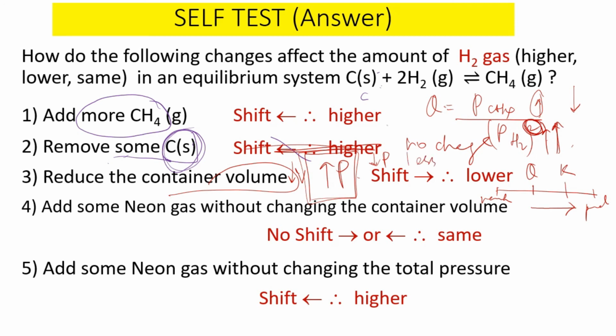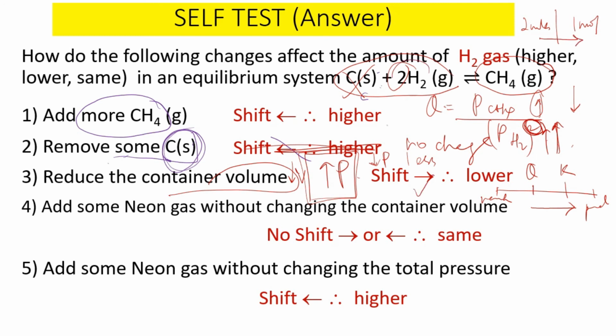Which side has fewer moles of gas? This one has 1 mole. This side, how many moles? This is not gas, so we have 2 moles. Which side has fewer? The right hand side.